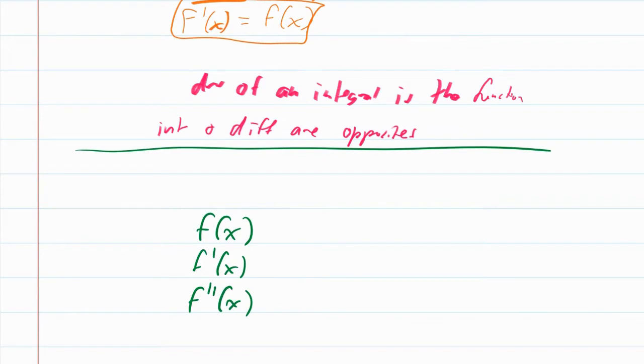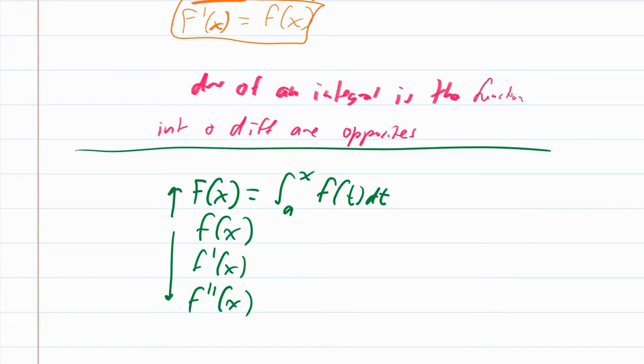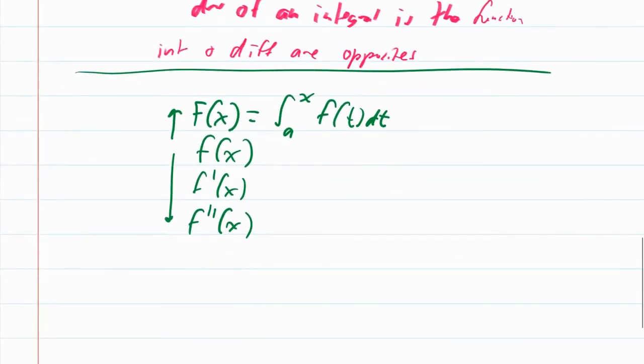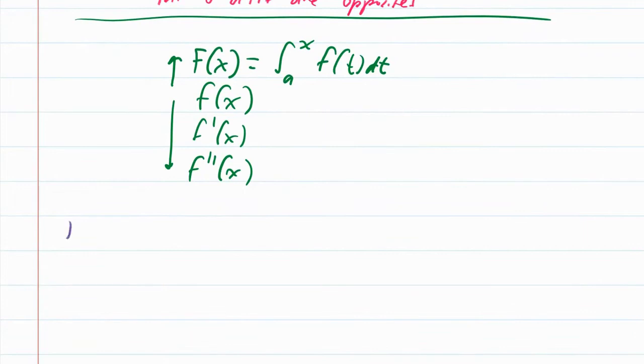But if I go up above it, I have big F of x, which is equal to an integral from a to x of f of t dt. I want to be able to go the other way. So this is going downwards, this is going upwards in the chain, and it's actually defining a little bit of what that integral means. So if I have a function, its integral is an accumulation of the area under its curve. We're going to do some examples of how to take a derivative of an accumulation function.